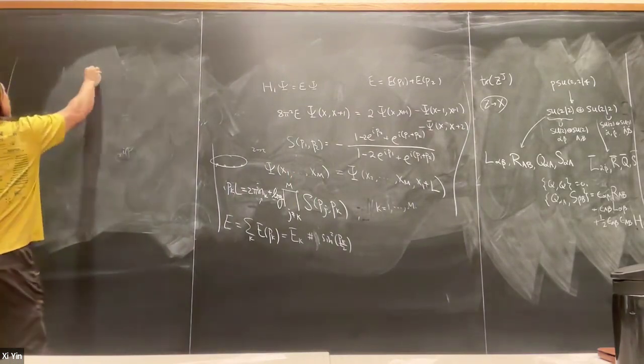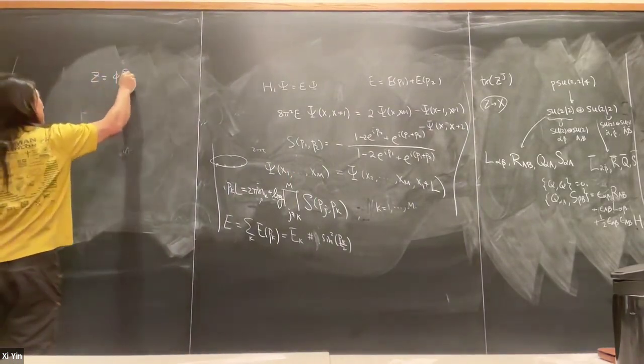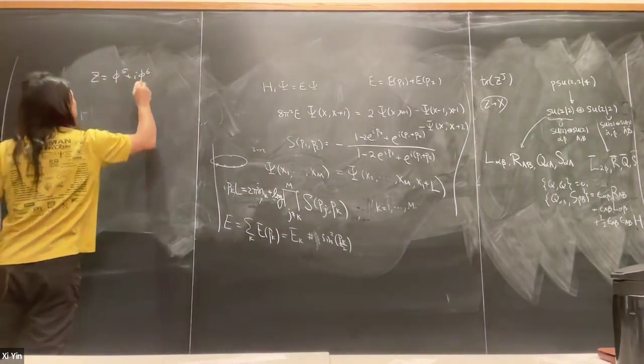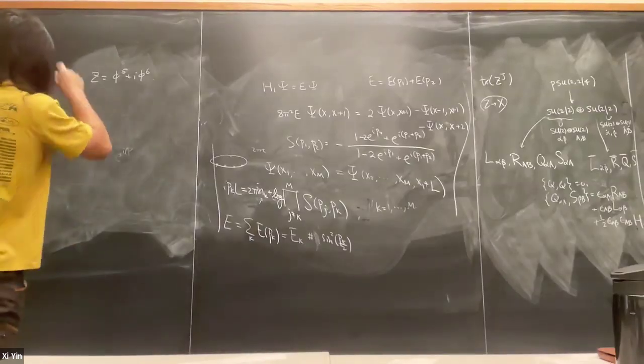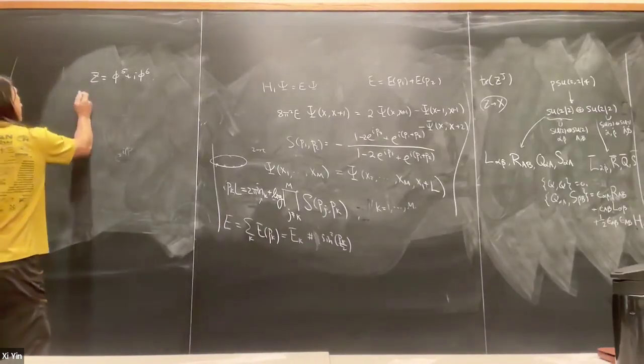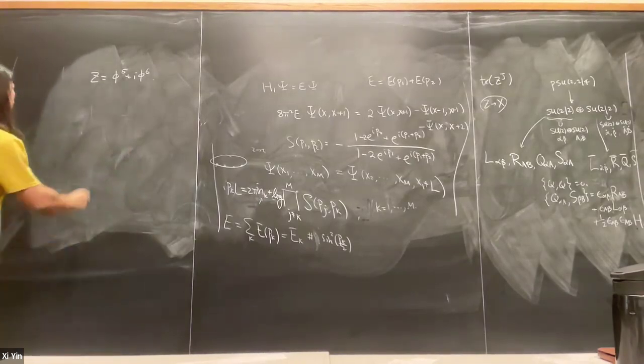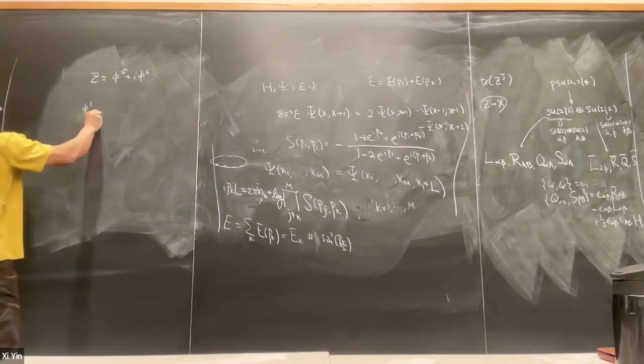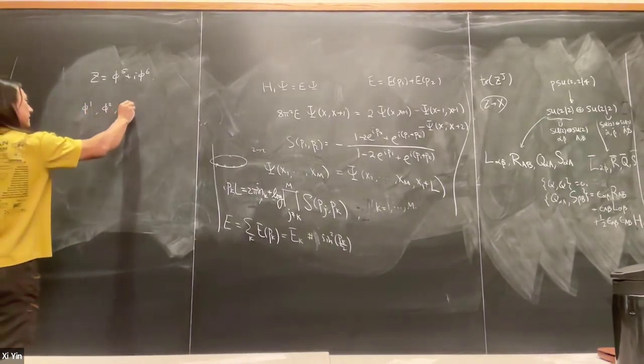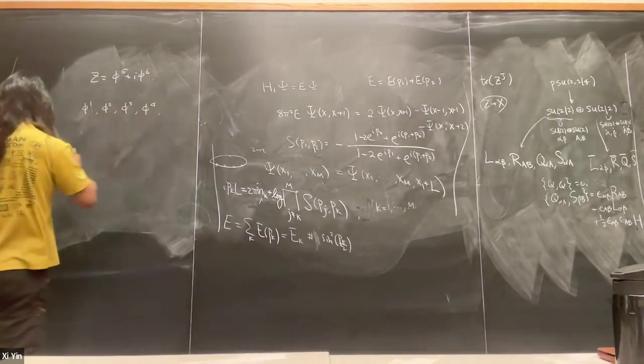Okay, so in our convention, Z was π5 plus iπ6. Let's look at the other elementary fields you can possibly replace Z with. So they're π1, π2, π3, π4.